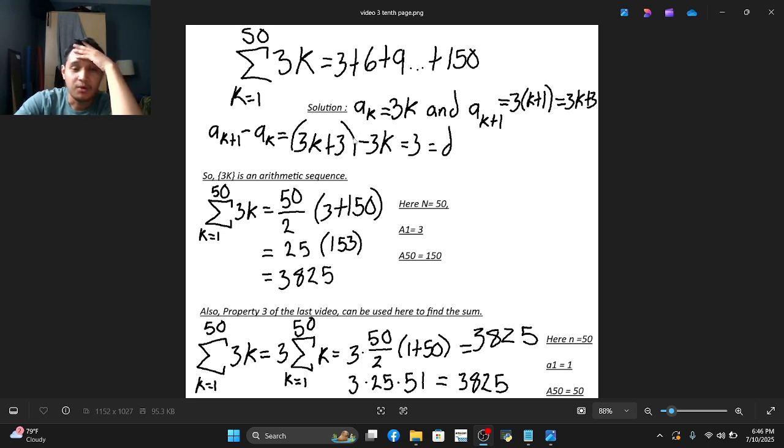Now you may ask, why? Because a_k is 3k and for a_(k+1) we have to do this again. So in this case we replace the k and we multiply by k plus 1. And we get 3k plus 3.